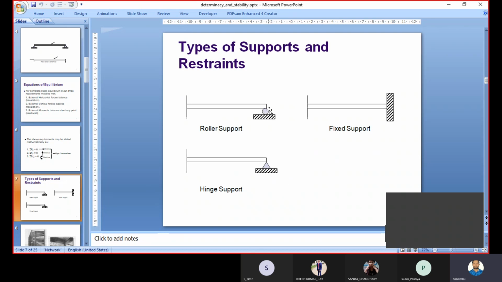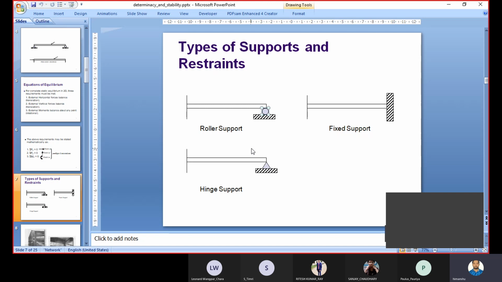This is your roller support. We show this roller support by just using a circle. What is a roller support? A roller support is free to rotate.